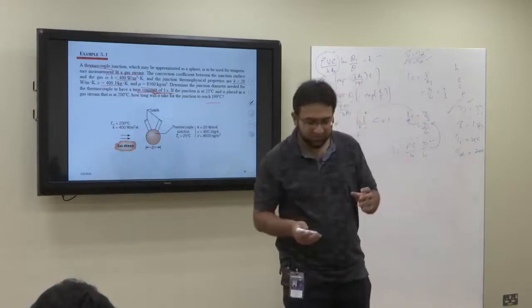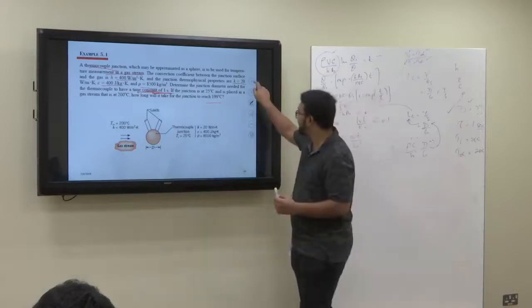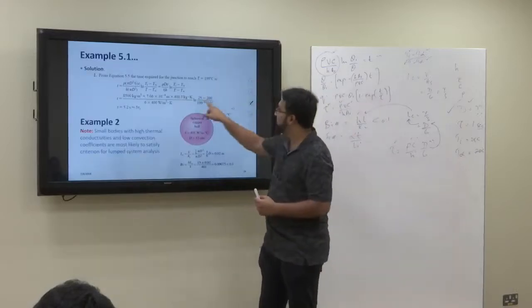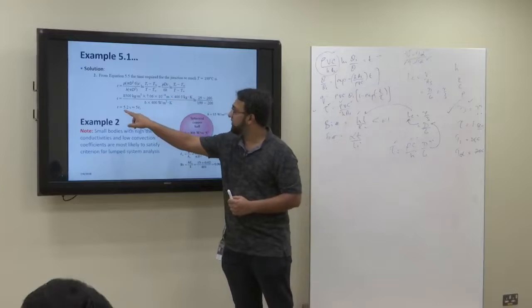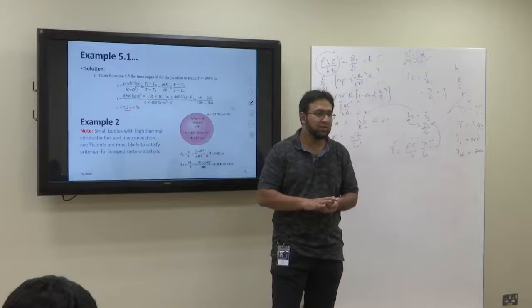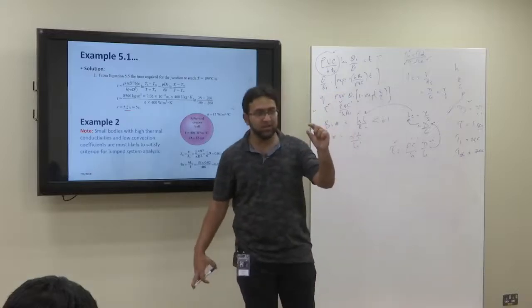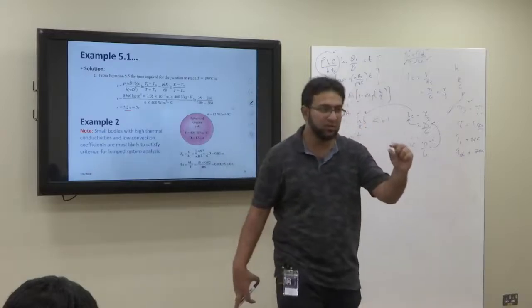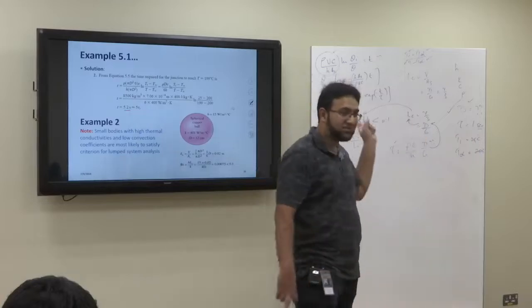When we do the calculation, the time comes out to be 5.2 seconds. So what does this mean? This means that this junction will take 5.2 seconds to reach 199 degrees centigrade.